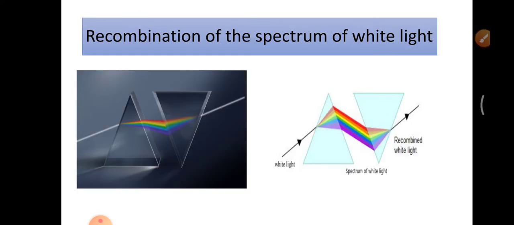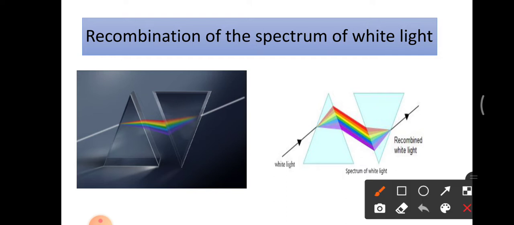The next concept is recombination of the spectrum of white light. What is meant by the recombination of the spectrum of white light? Here I took prism 1. When the light passes through the prism, it is dispersed into 7 colors.